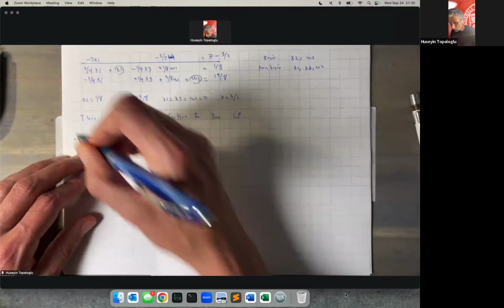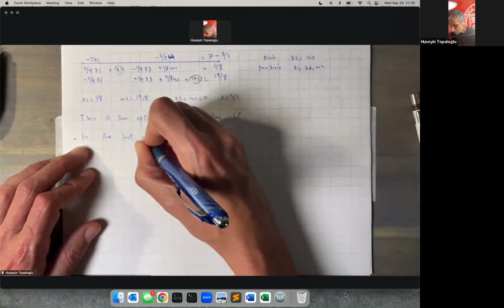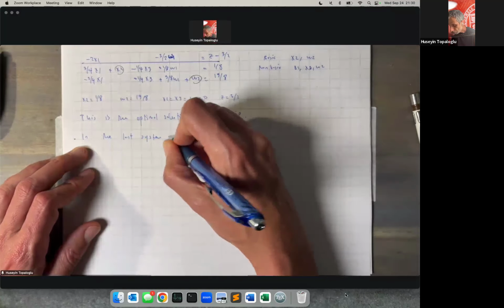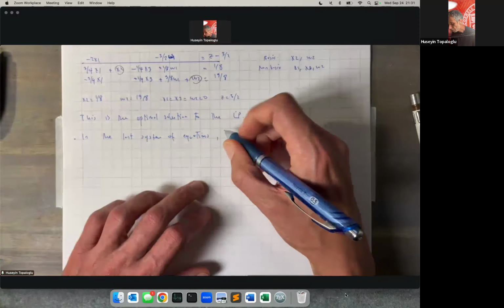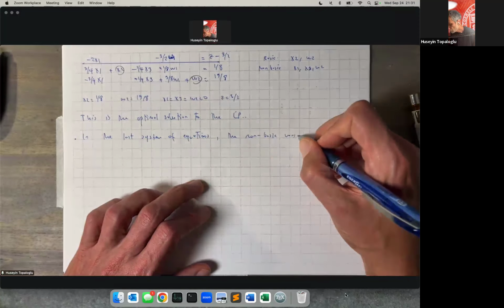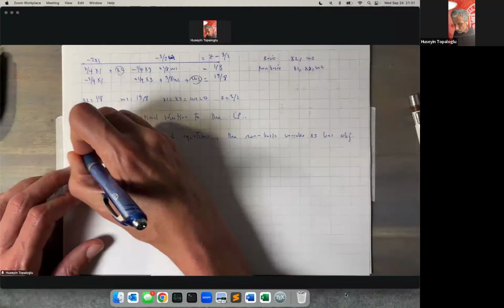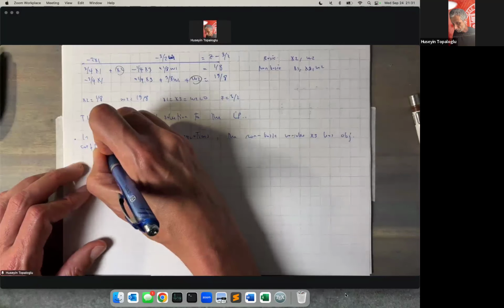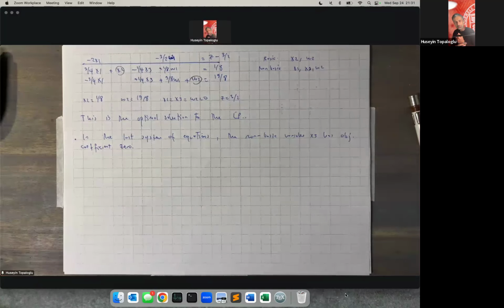So in the last system of equations, the non-basic variable x3 has objective coefficient 0. So increasing x3 doesn't make the objective value better, but it doesn't make the objective value worse either.